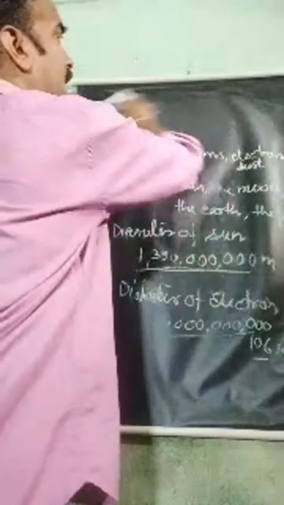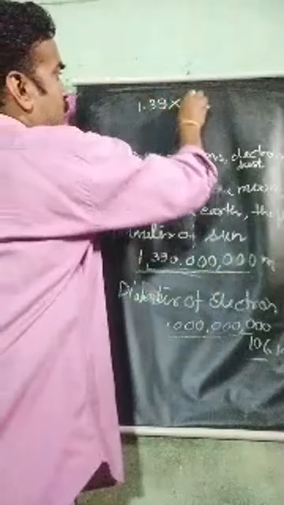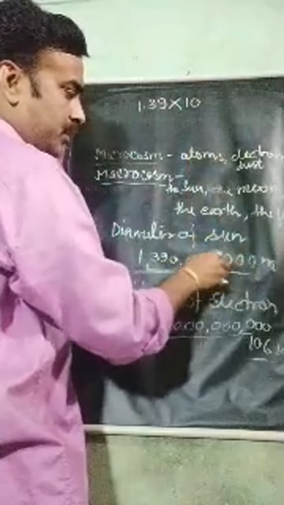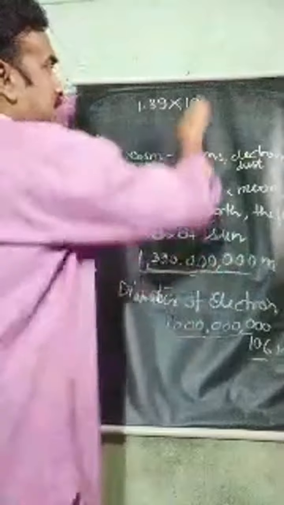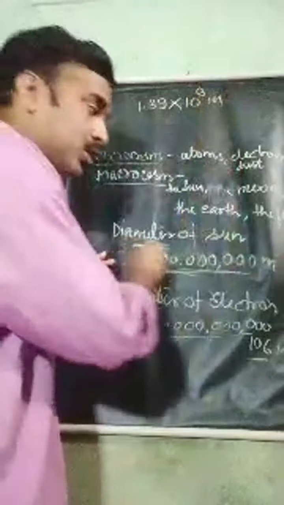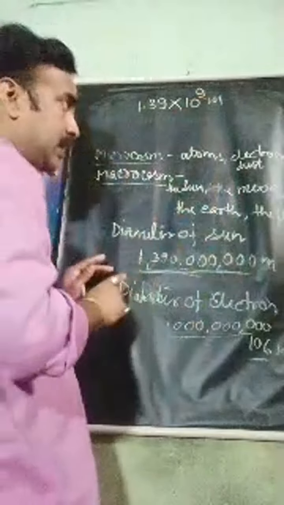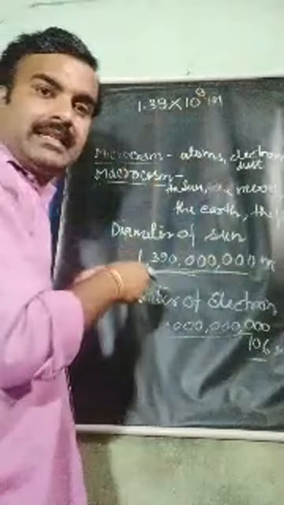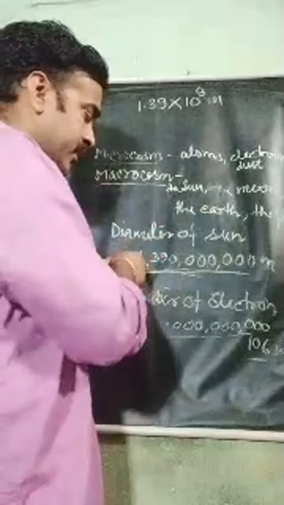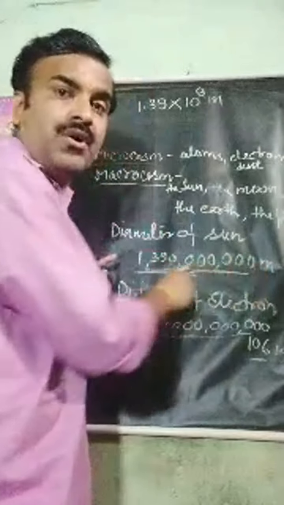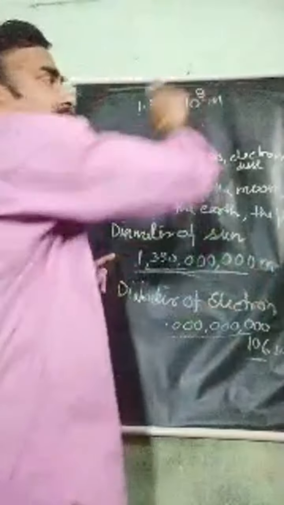So we can write 1.39 into 10 to the power of 9 meter. That means if we are moving from right to left, the exponent will be positive. Again I'm telling this: if we are moving from right to left, we have to write it in the form of positive.